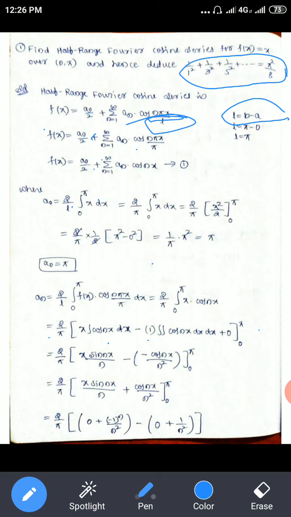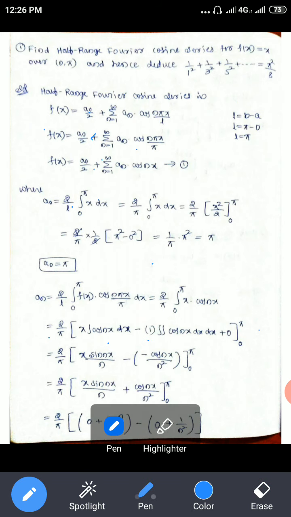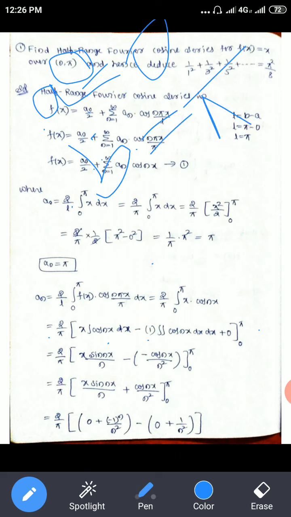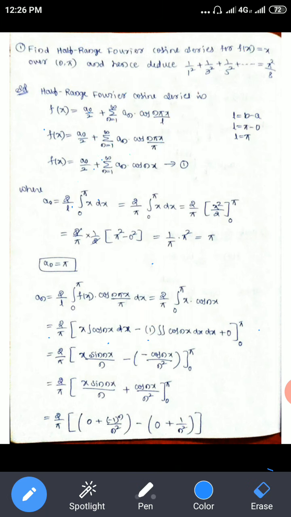You can see here 0 to pi is the interval. The beginning point you can take a is equal to 0 and b is equal to pi, the end point. Therefore the length of the interval is b minus a.